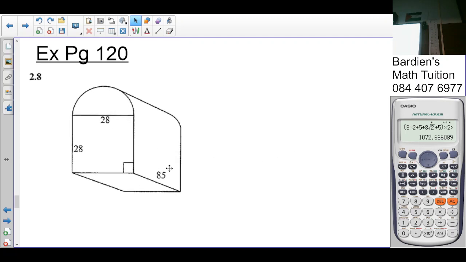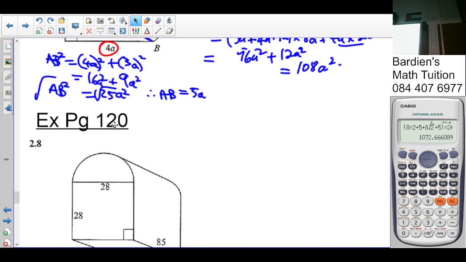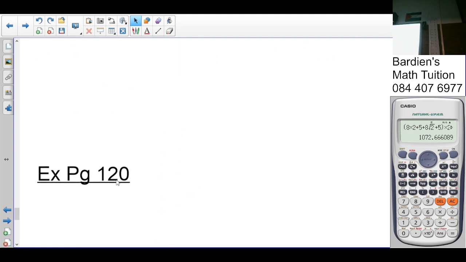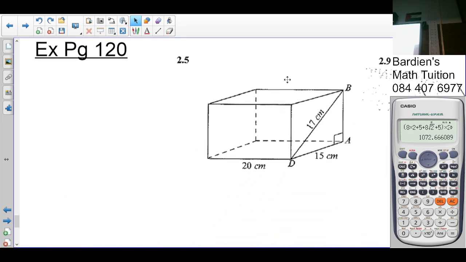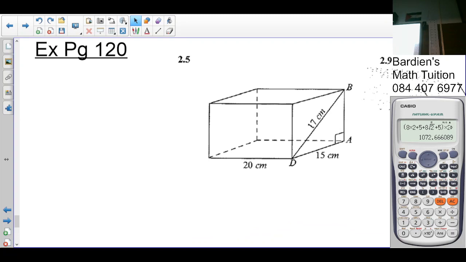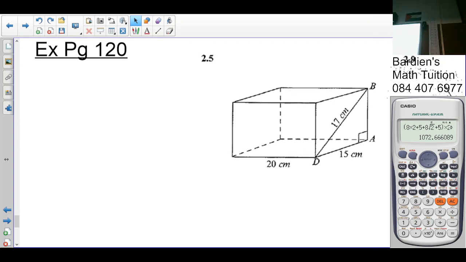Okay. 2.8 is homework for tomorrow, as well as 2.9. But of course you had to do 2.5. So I gave you little work and you guys didn't do the work. You did? Which one did you skip? I only did the 2.4. 2.4. But you understand why?